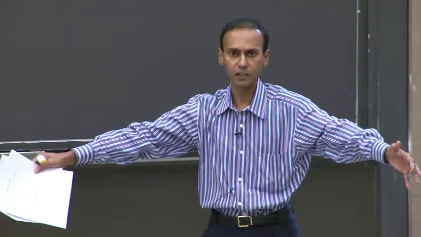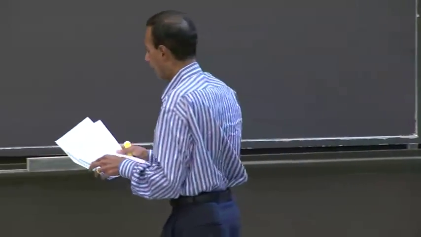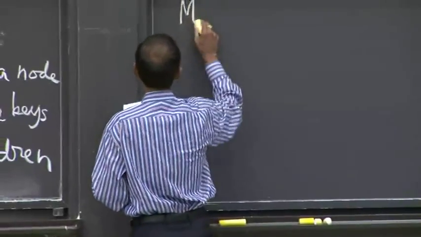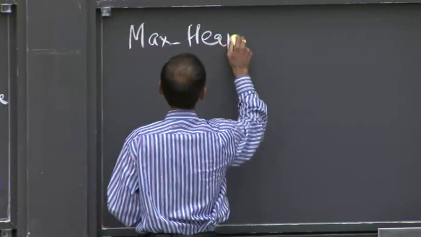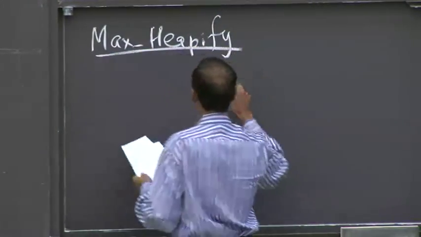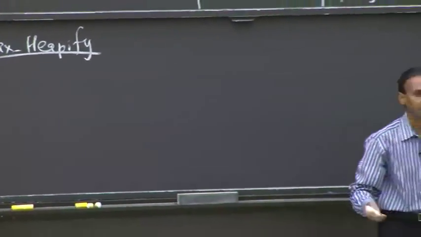It's going to take something where there's a single violation of the max heap property at some subtree of this heap that is given to you. And it's going to fix that, okay? And we need to be able to do this recursively at different levels to build a max heap from an unordered array. And then once you have that, you can do all sorts of things like insert and extract max and heap sort and so on and so forth. So let's take a look at max-heapify using an example. I'm not going to write pseudocode for max-heapify. I'll run through an example, and the pseudocode is in the notes.